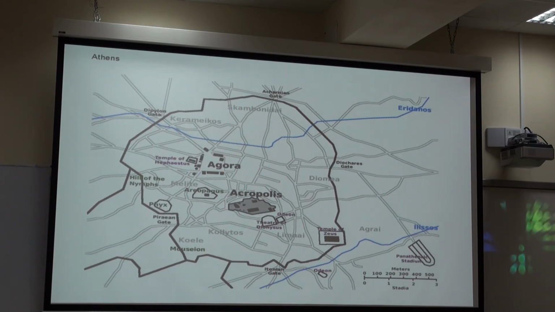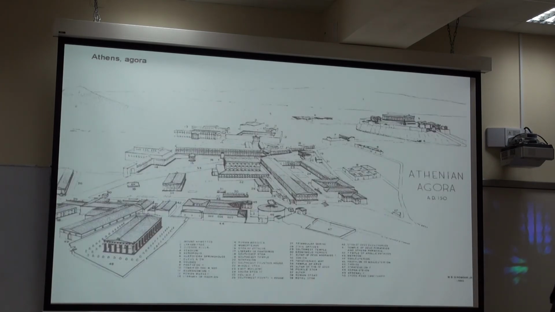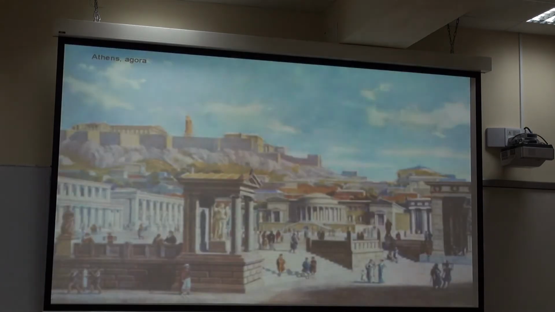But almost of the same size and almost of the same importance, we have this agora that was the social and trade center of the city. And if you go to the next one, it just shows what kind of activities appeared around that trade area and around that meeting area. Just the next one.